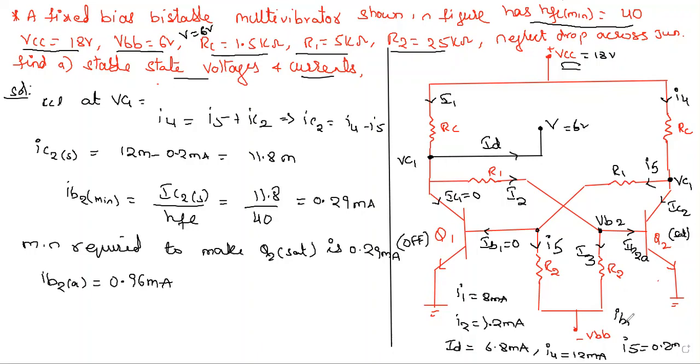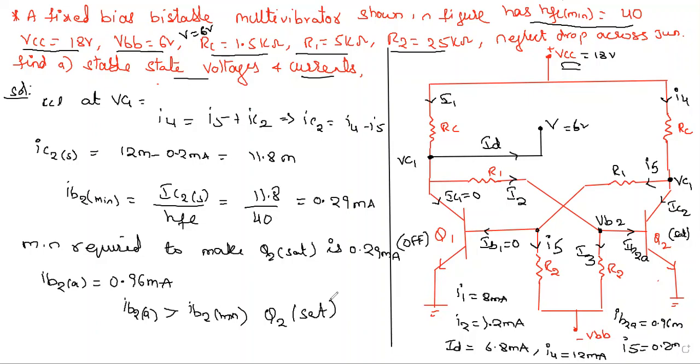So IB2 actual is greater than IB2 minimum, because the minimum required current is only 0.29. That is sufficient to make Q2 saturate, but the current actually flowing is greater than the required current. So obviously Q2 is in saturation, no doubt.